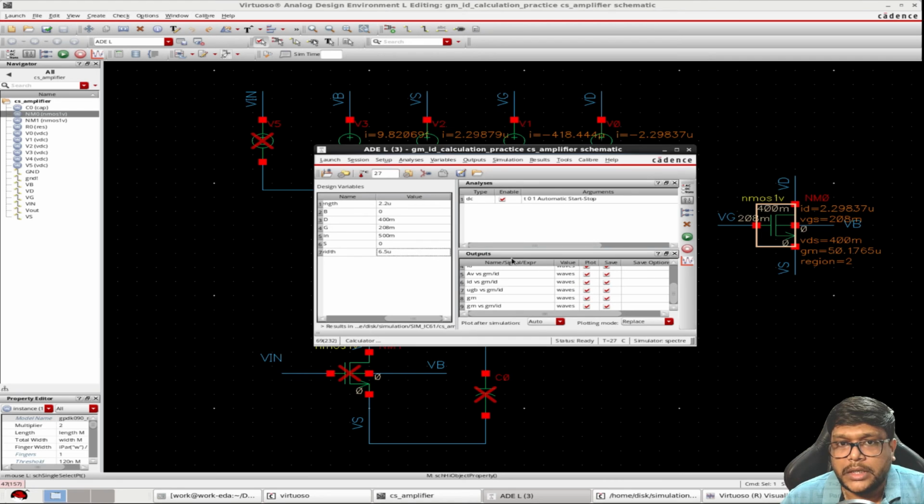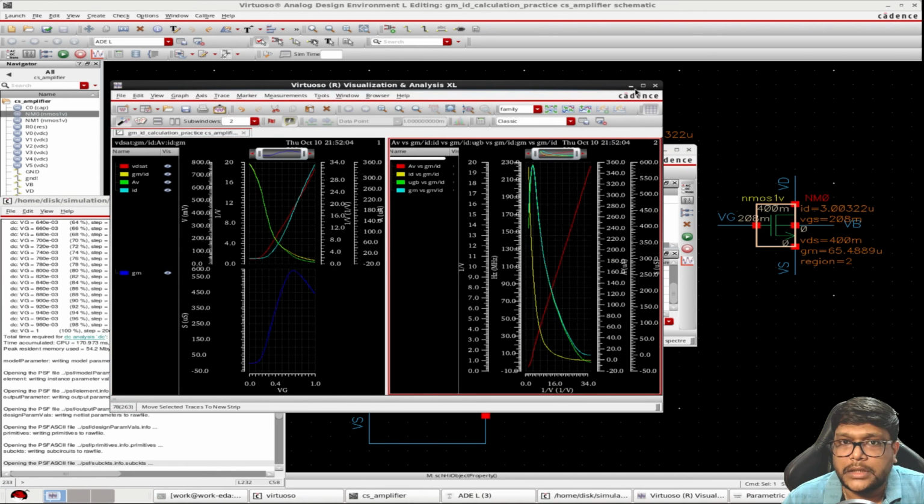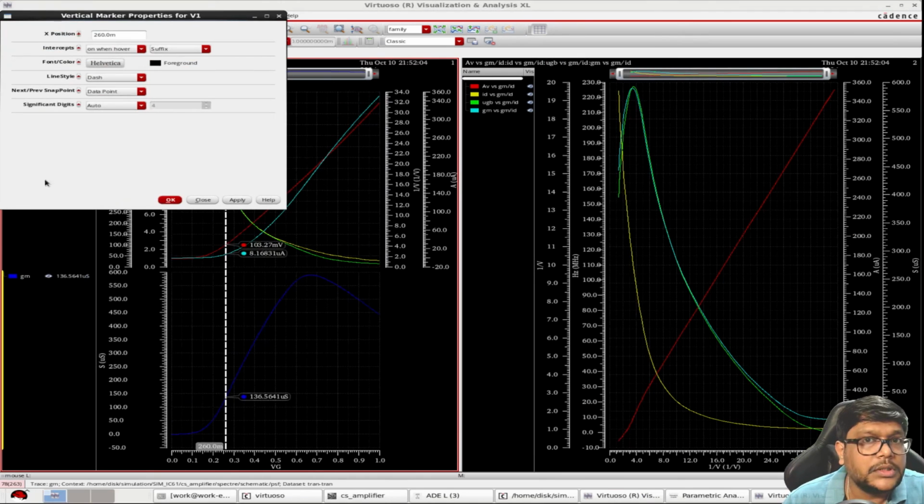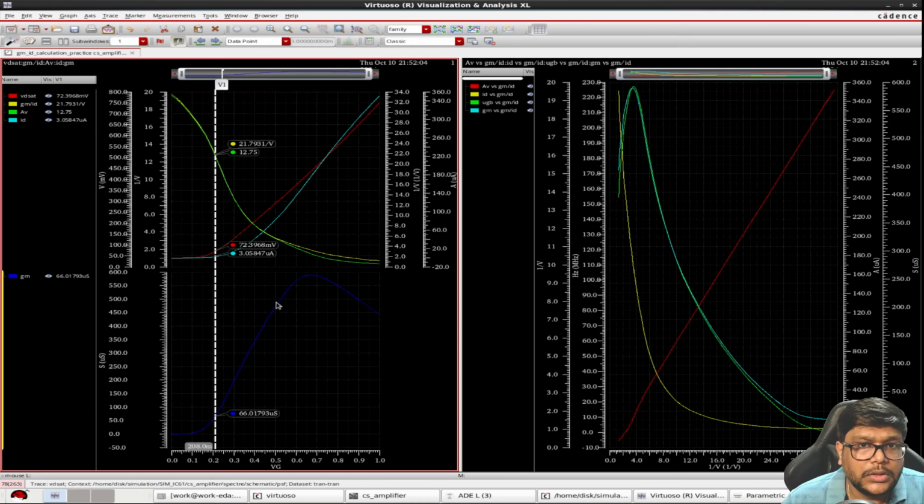Okay, so let me run that one at 208. We'll see if everything is going well or not. So at 208, we can see that our GM is 66, our gain AV is 12.75, and GM by ID.